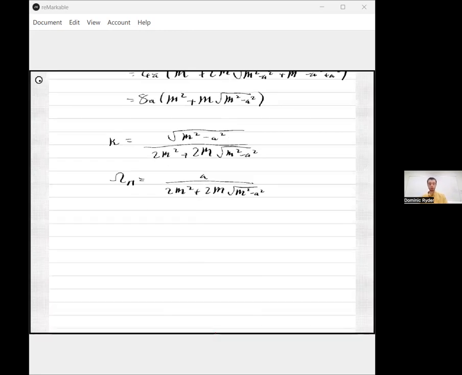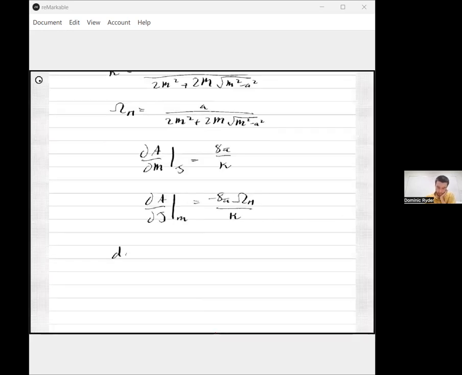And computing our partial derivatives, we find dA by dm at fixed j equal to 8π over κ, and dA by dj at constant m, sorry, it's minus 8π Ω_H over κ.